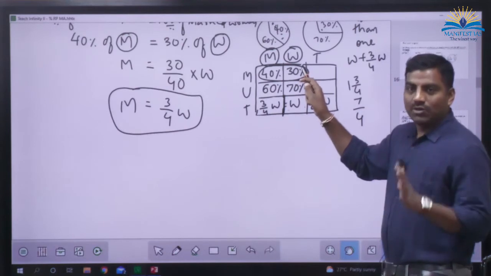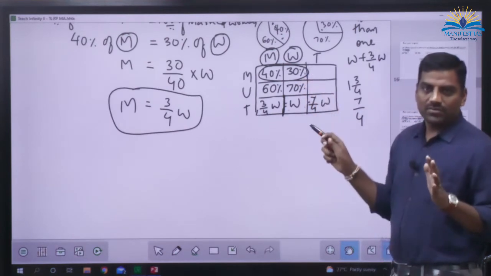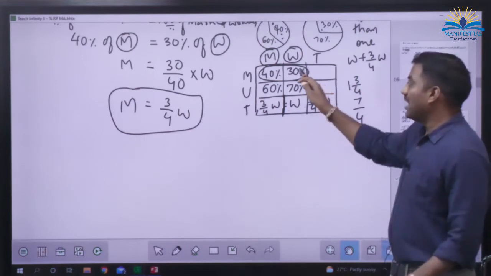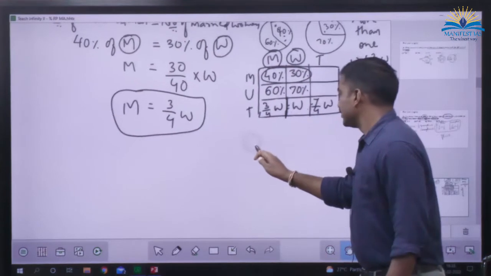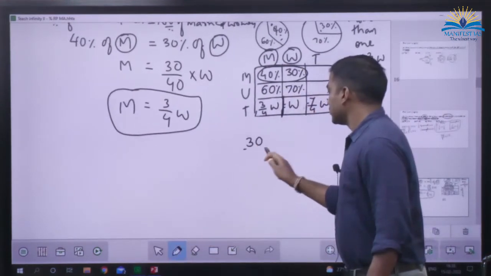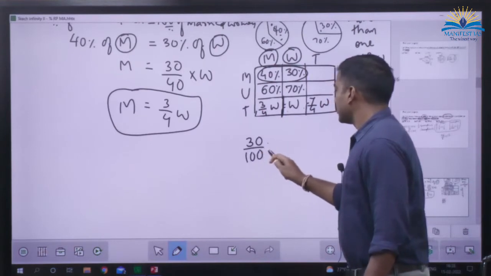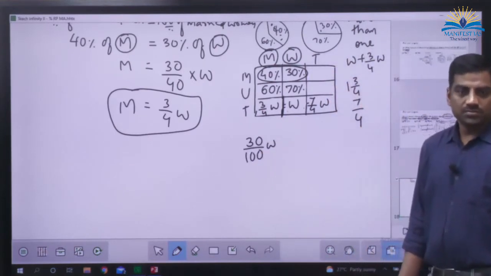Women's population is W. 30% of the women are married. So what is the value of this in terms of fraction only? 30% of W, no?